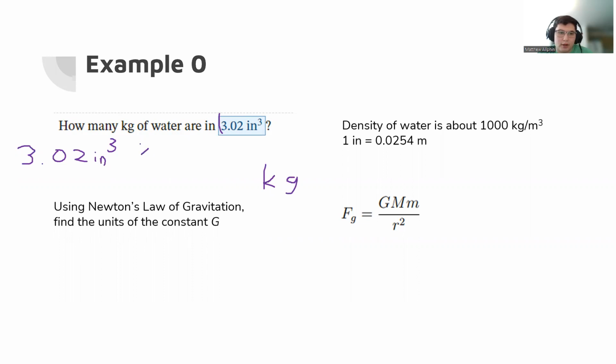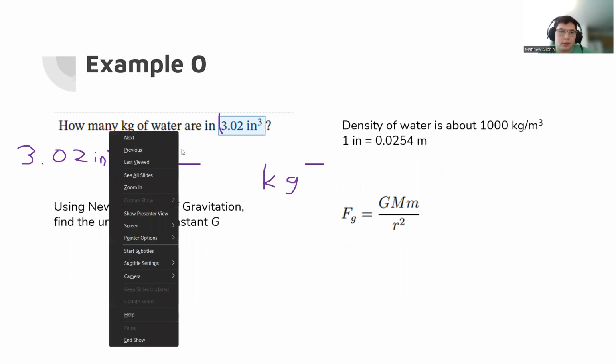So I start here and I look at my units. I have inches cubed, and I don't really want inches cubed because my conversion factor of density of water is in kilograms. And so, cannot see my cursor very well.